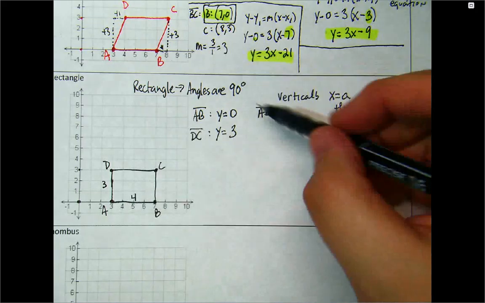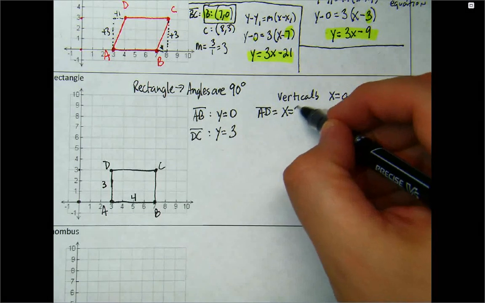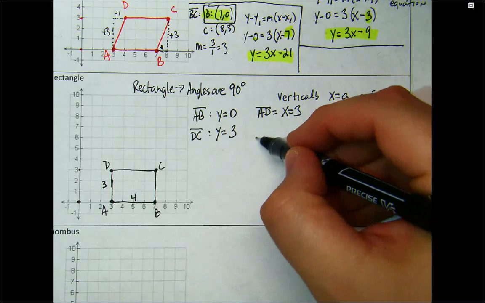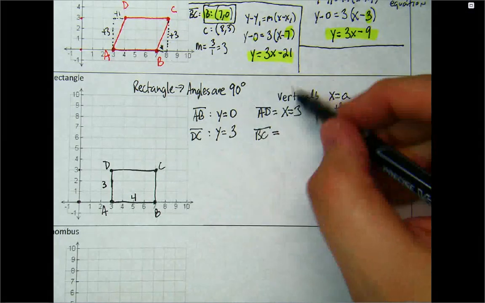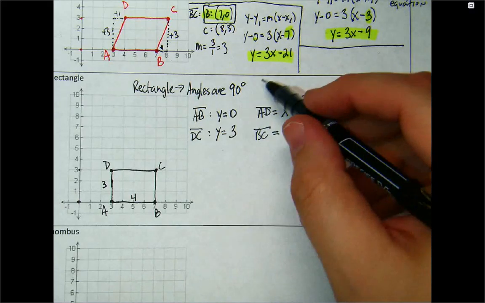And for BC, what would this be? Where does it hit? It goes through 7, so x equals 7. And in this case, you're done.